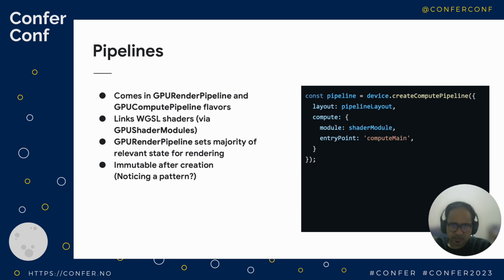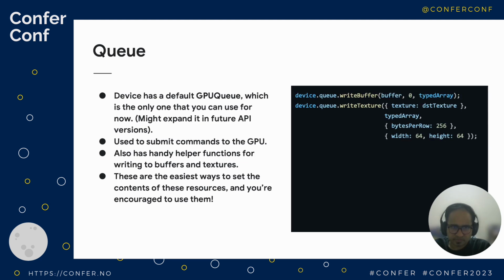We've already talked a little bit about pipelines, so I'm just going to skim over it here. Pipelines are explicitly either a compute pipeline or a render pipeline and serve as a way of selecting what shaders your draw or dispatch commands will use. The queue is also part of the device, which has a GPU queue.